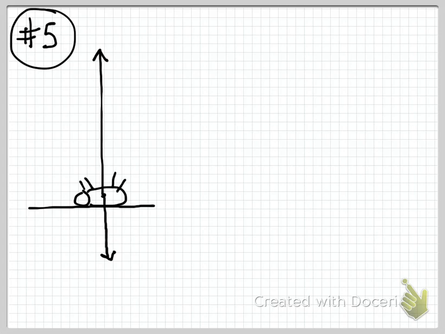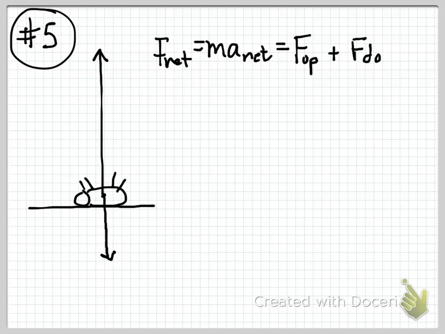So anyway, we've got Bob hitting the ground, and we are told what Bob's net acceleration is. So here's what we know. The net force on Bob is equal to Bob's mass times Bob's net acceleration. And we know that that whole thing is equal to all the forces acting up on Bob plus all the forces acting down on Bob.